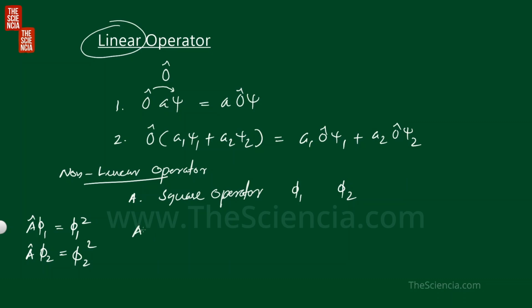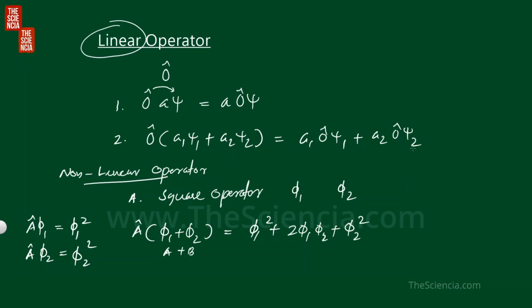Now I am going to operate this operator on psi 1 plus psi 2. So what is the square of A plus B? It is A square plus 2AB plus B square. So we get psi 1 square plus 2 psi 1 psi 2 plus psi 2 square.